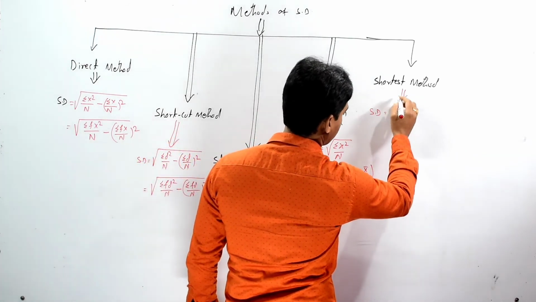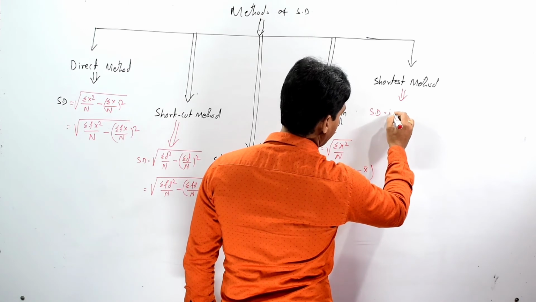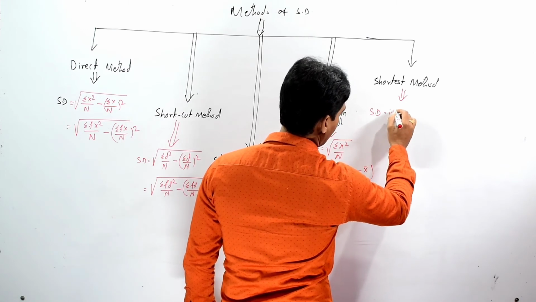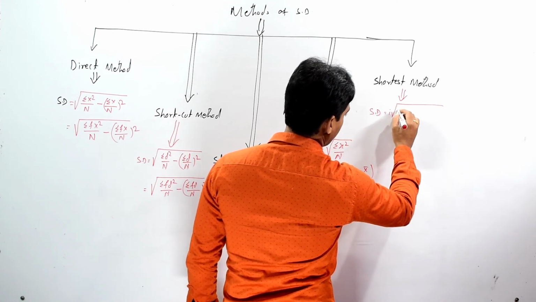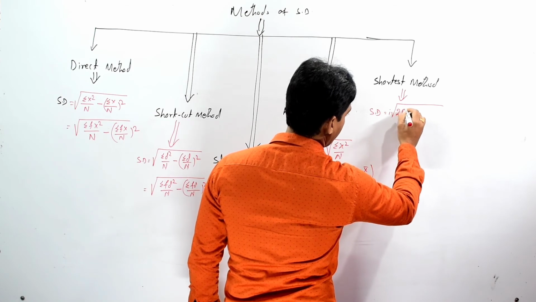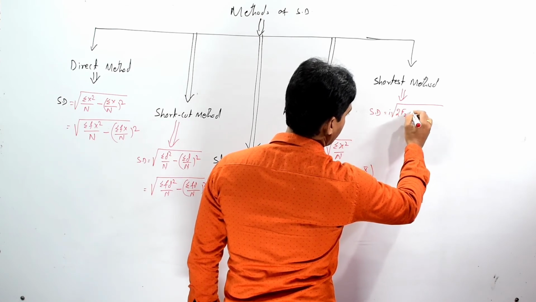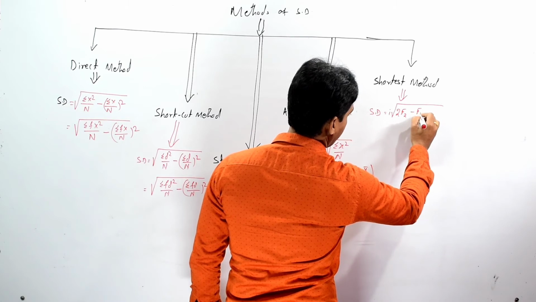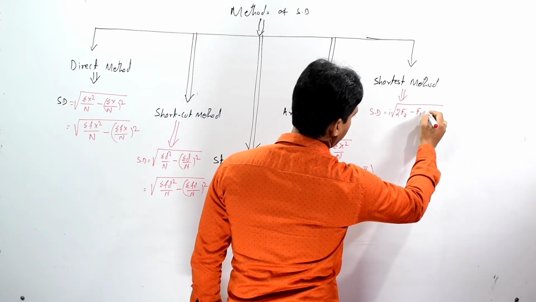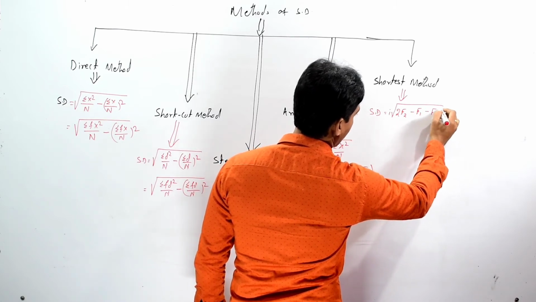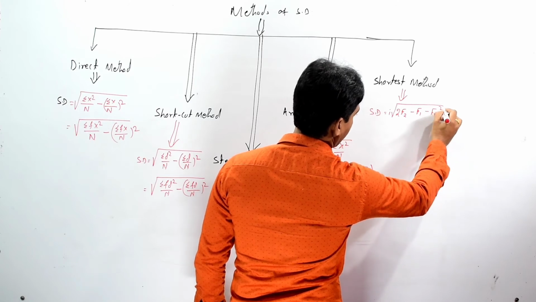So the rule of shortcut method is I whole into whole root of 2 f2 minus f1 and minus f1 square.